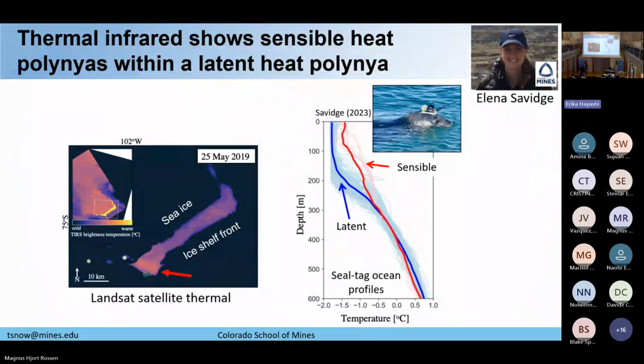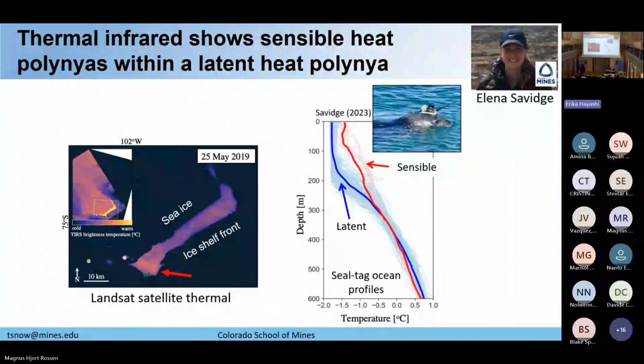And we've started to do some of this work. Elena Savage was a graduate student who worked with me. She recently graduated. She did this work with Landsat and MODIS on the left here, where in this area in wintertime, you can see that there's a slightly warmer area down at the bottom in Landsat sea surface temperatures. And this is one of those meltwater plumes that's only a few kilometers across.